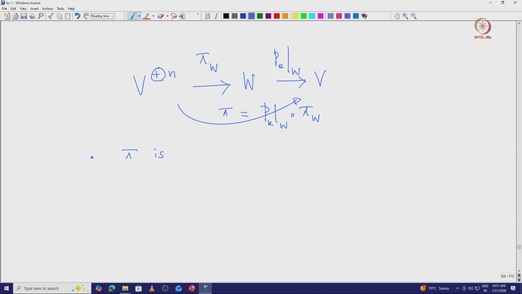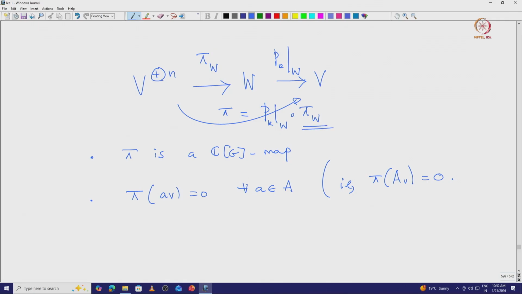Pi is indeed a CG map, that means it is a map between the representations, and the important thing about pi is that it is a composition of projection on W and Pk. So, clearly pi of AV is going to be 0 for all A in capital A. That is, if you take pi and apply it on capital AV, that is going to be 0, because that is the property of this pi W.